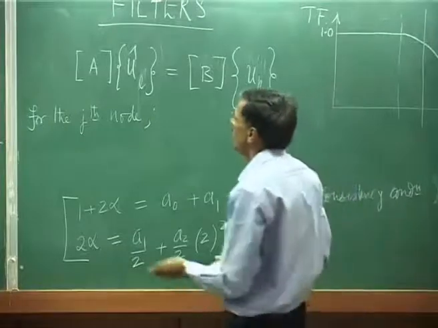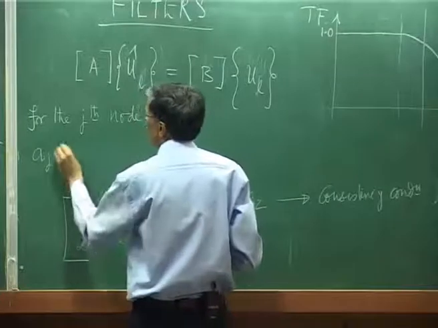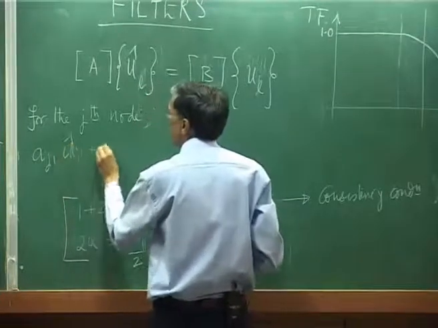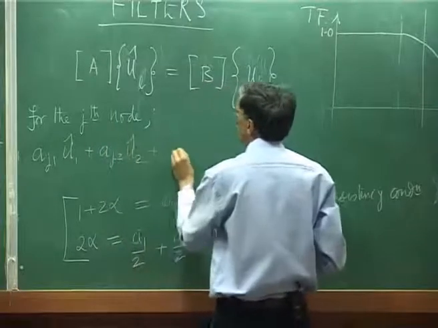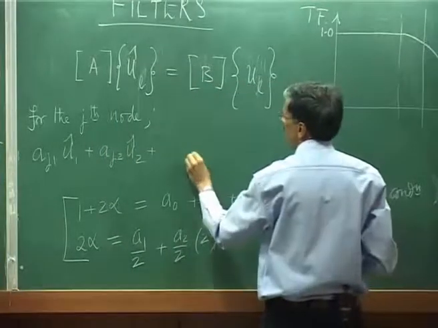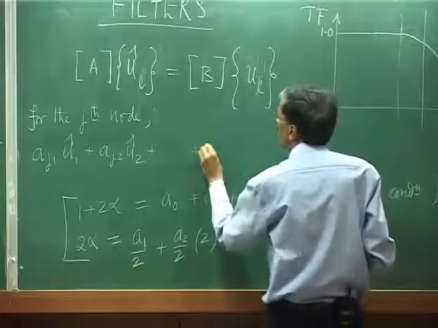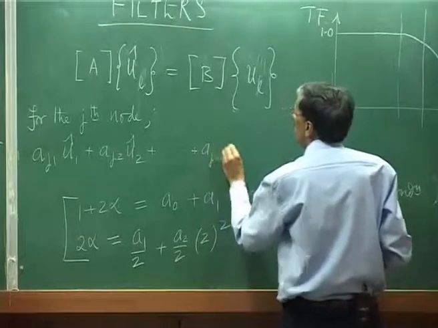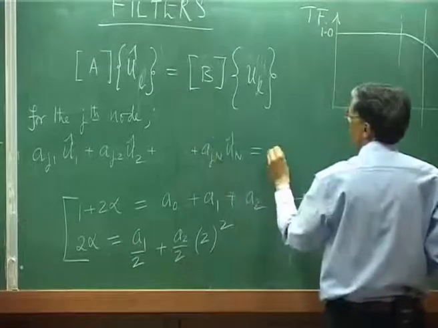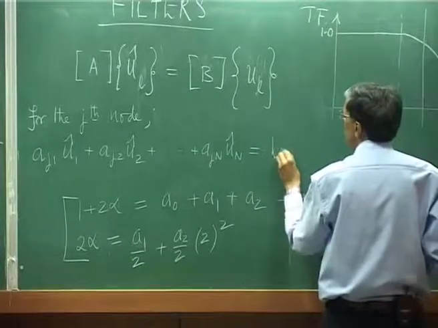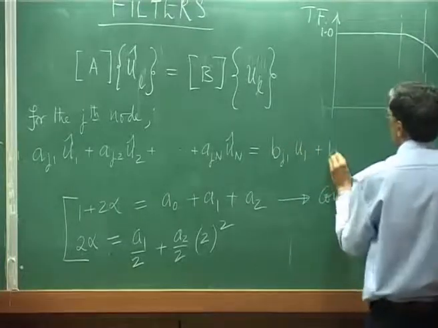So that basically would give you A j1 u1 plus, let us say, A j2 u2 etc., and let us say we have a total of n points in the domain. So we will be writing A jn un. That is your left hand side, and on the right hand side we will have similarly B j1 u1 and so on and so forth.